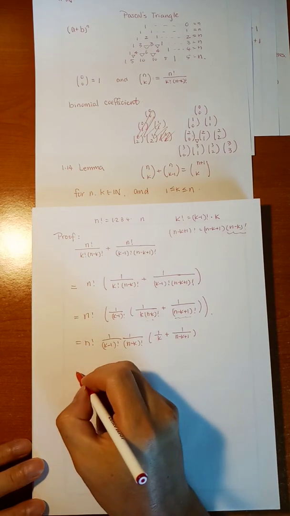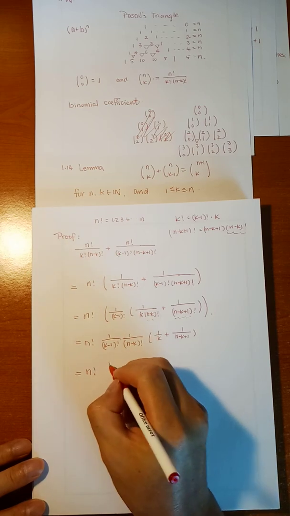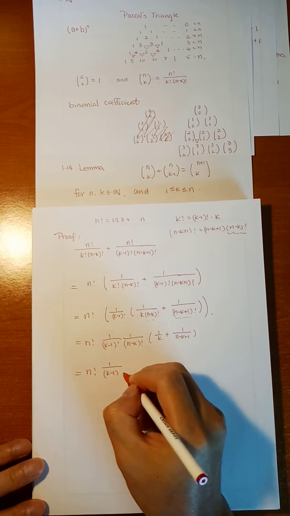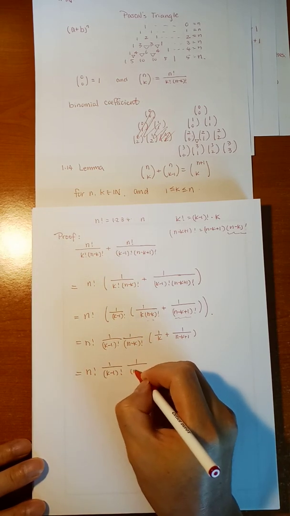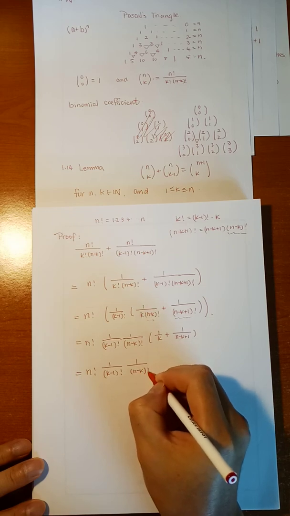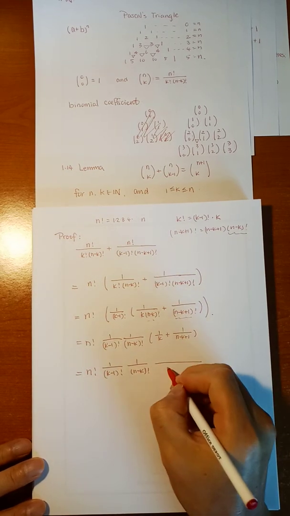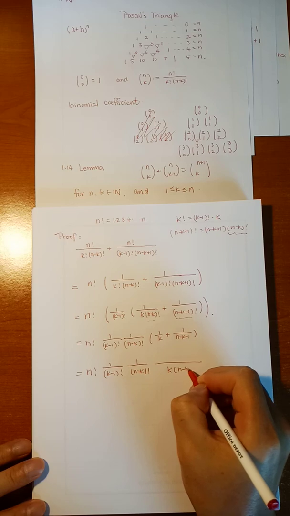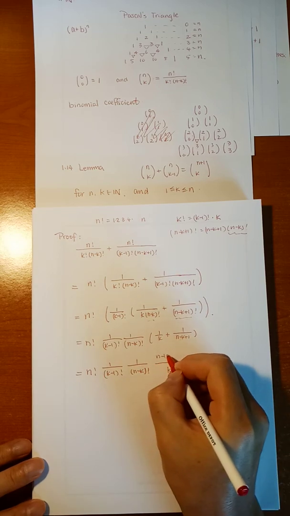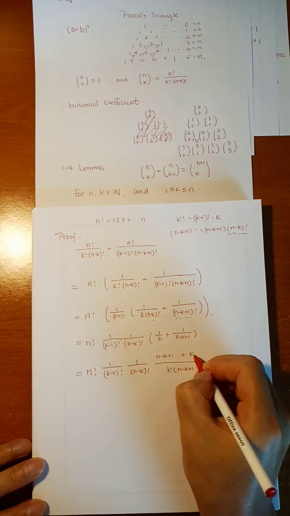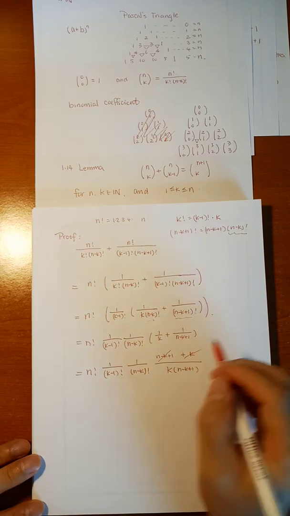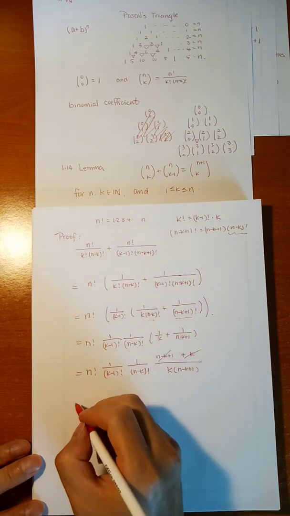Correct? Well, let's just continue the computation. It's not that crazy, but just tedious. Be careful. You find the common denominator, it's k times n minus k plus 1. Then you get n minus k plus 1 plus k, and k minus k cancelled. You have n plus 1.